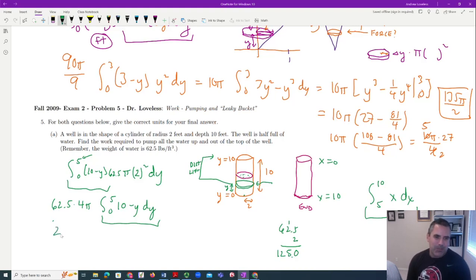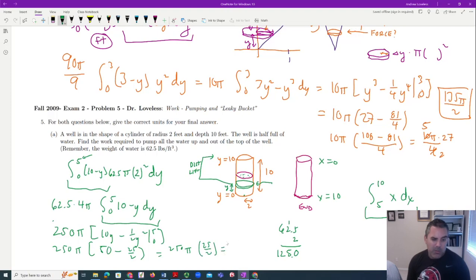So if you double, it's going to be 250. So it's 250 pi, and then it's going to be 10y minus 1/2 y squared from 0 to 5. And so it's going to be 250 pi, and then it's going to be 50 minus 25 halves, which is 20. So 250 pi, and then we're going to have 25 halves, and then 125 times 25 pi.